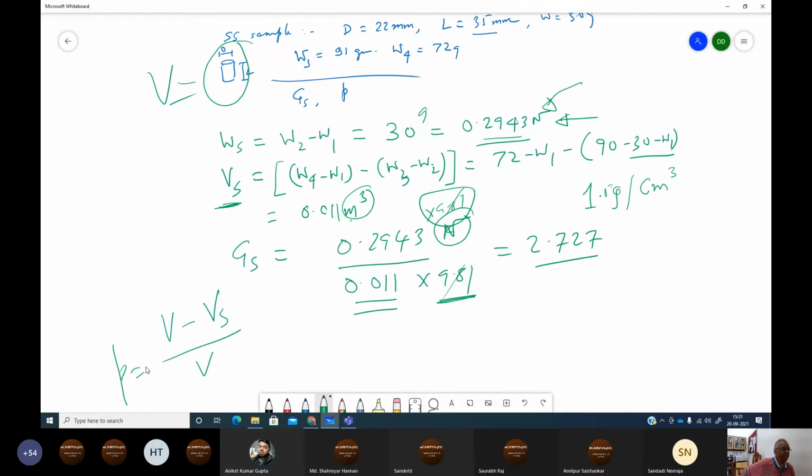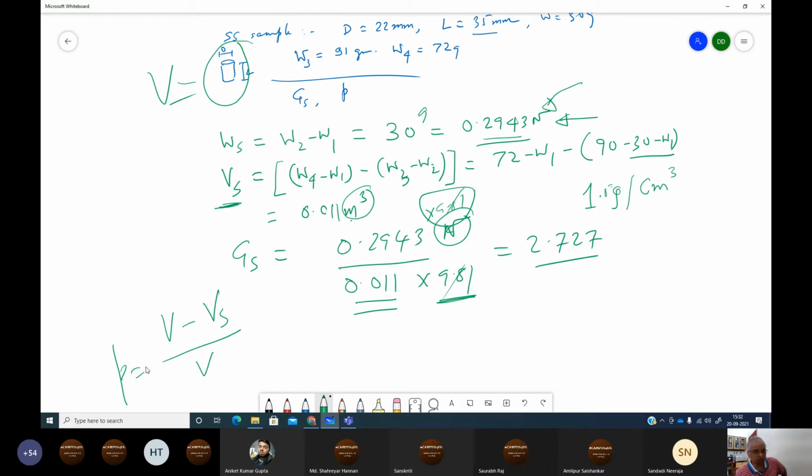Vs you have already calculated here. So porosity is void volume divided by the total volume. Okay. So this is how we also calculate. I told you, this is the absolute porosity what you have found out.